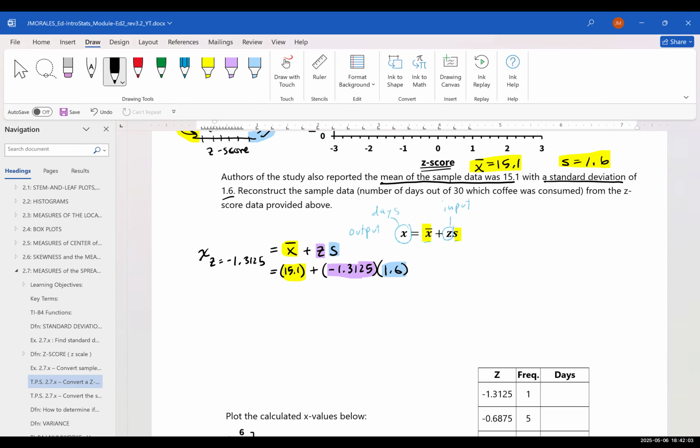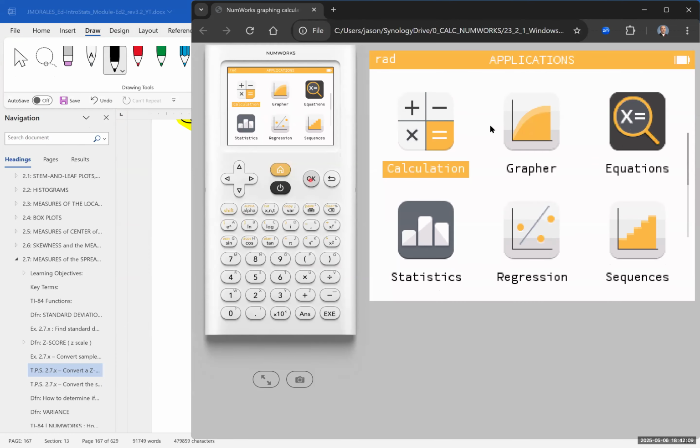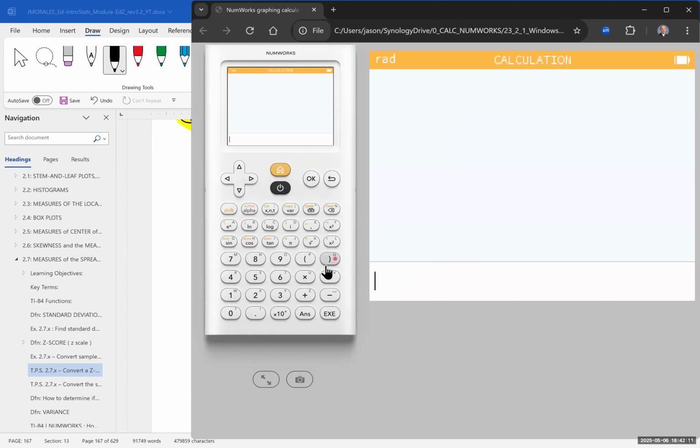Calculators are handy for that. I'm going to use the NumWorks calculator for this one. So we have 15.1 plus negative 1.3125 times 1.6.